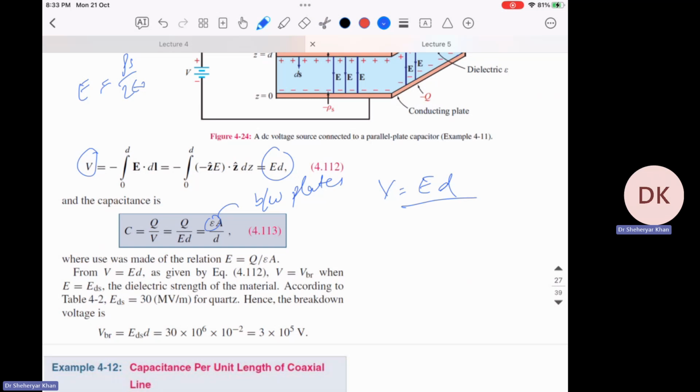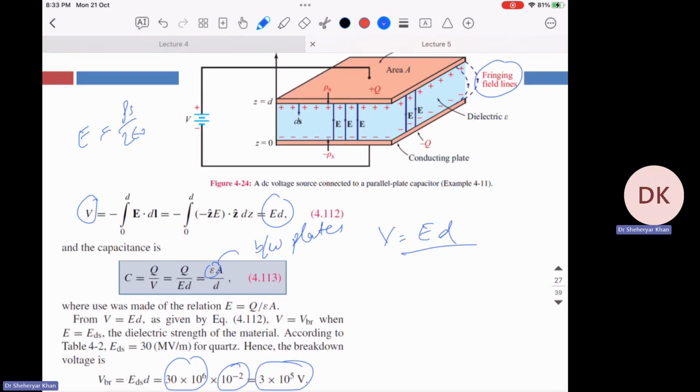Now, the dielectric strength of the material according to the table is 30 megavolt per meter for quartz. So the breakdown voltage is E d s, right? If the distance is this and E is this, then you need this voltage, 3 times 10 to the power 5. What does it mean? It means that you connect some voltage here, 5 volt, 10, 20, 25, 30, 35, 40, 45, keep on increasing, because there's some material here trying to resist against the E field.